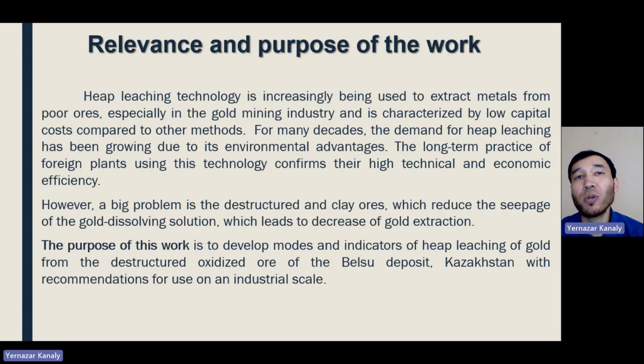The purpose of this work is to develop models and indicators of heap leaching of gold from the destructured oxidized ores of the Belsu deposit, Kazakhstan, with recommendations for use on an industrial scale.